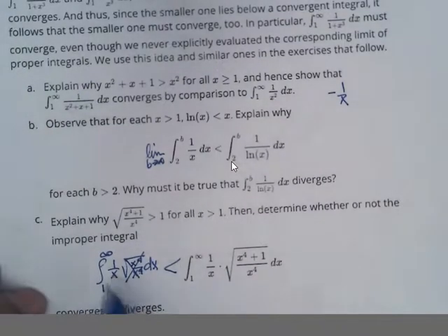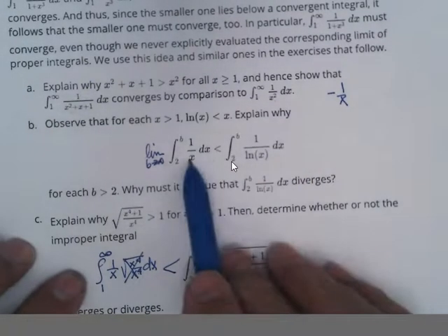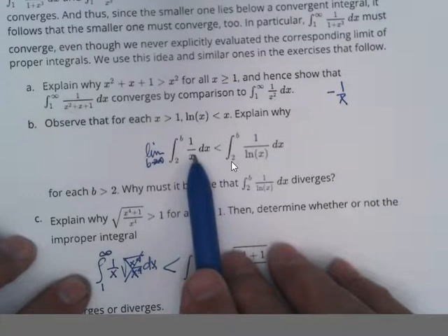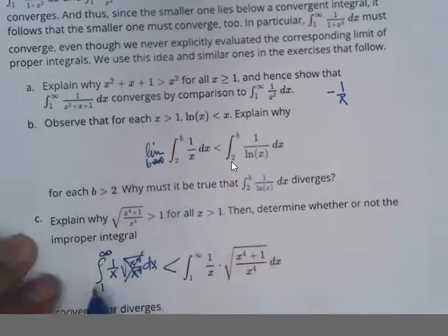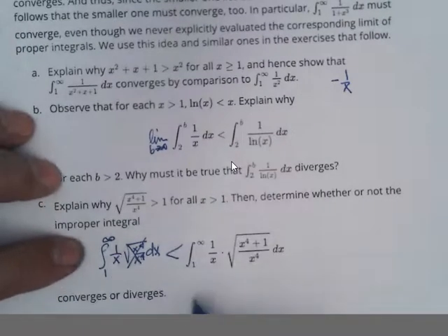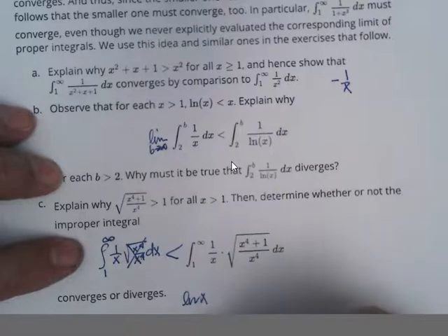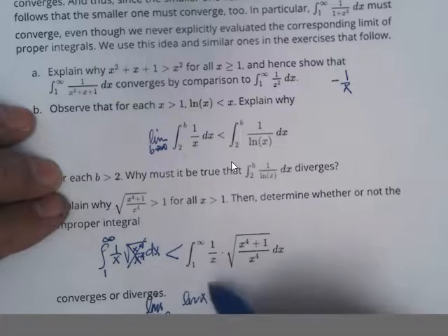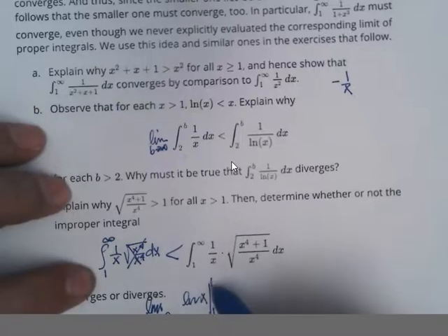And 1 over x, like it here, does not converge. It will diverge. Let's just go ahead and show that. To integrate that, that would be ln x, and we'd be evaluating the limit as b goes to infinity of this going from 1 to b.